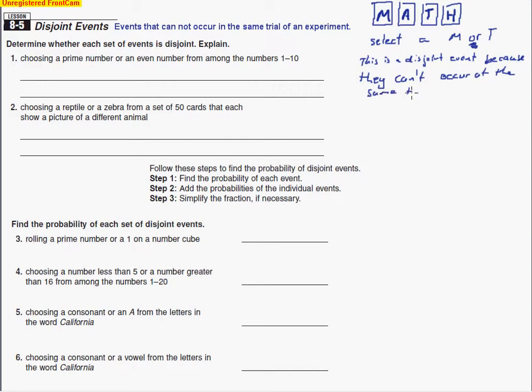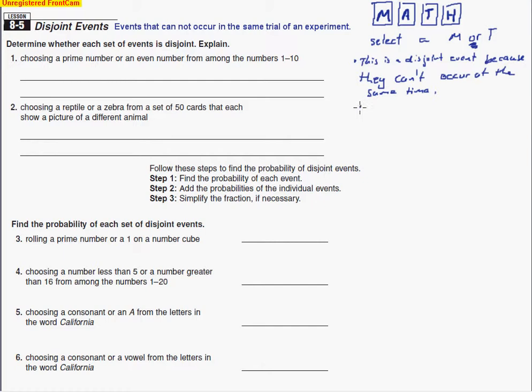I can't get both an M and a T at the same time because I've cut out these letters. I'm only choosing one. I select an M or a T. So I only select one of these, and I can't get an M and a T on the same card because I wrote them on different cards. That's a disjoint event.